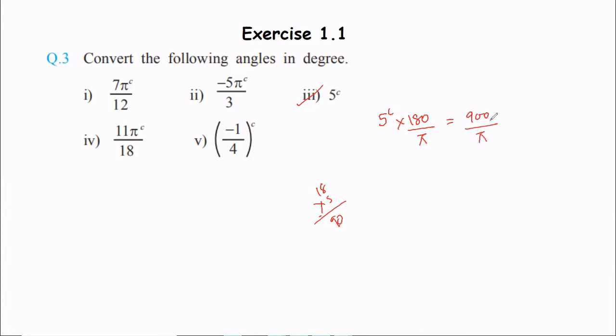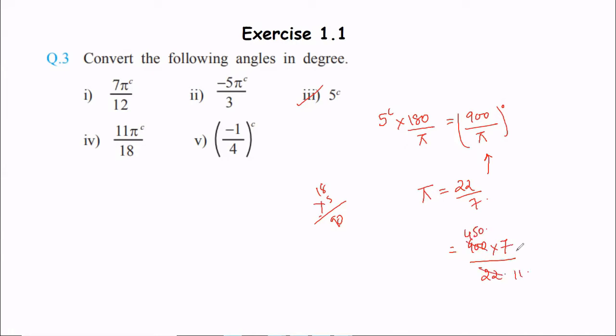The given quantity is already in degrees, but I need to simplify. In place of pi I will put 22 by 7. The value of pi over here should be 22 by 7. So 900 into 7 will come above in the numerator divided by 22. Let's cancel. So we will get 450 over here, 11 over here.